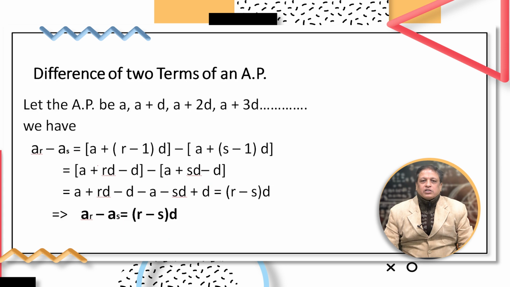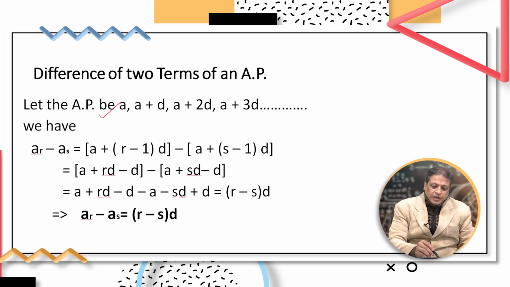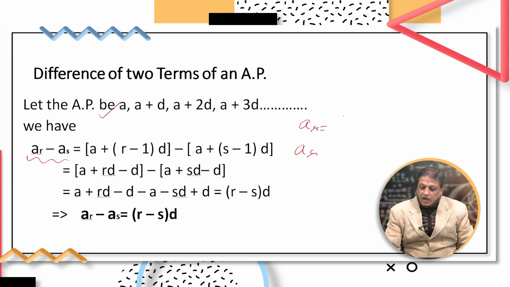Simultaneously, we had also discussed the difference of two terms of an arithmetic progression. The arithmetic progression is a plus d, a plus 2d, a plus 3d. The difference between the rth term and the sth term is required, so the rth term will be a plus r minus 1 into d, and the sth term will be a plus s minus 1 into d.